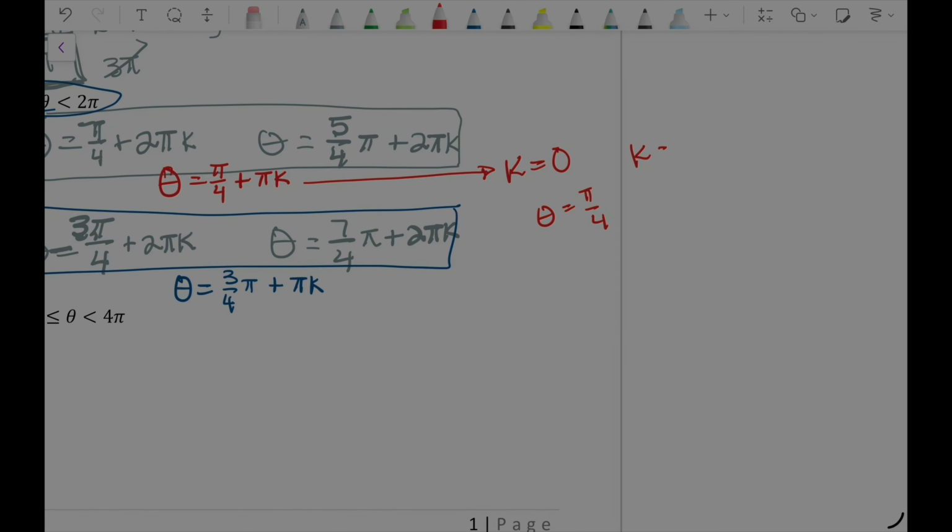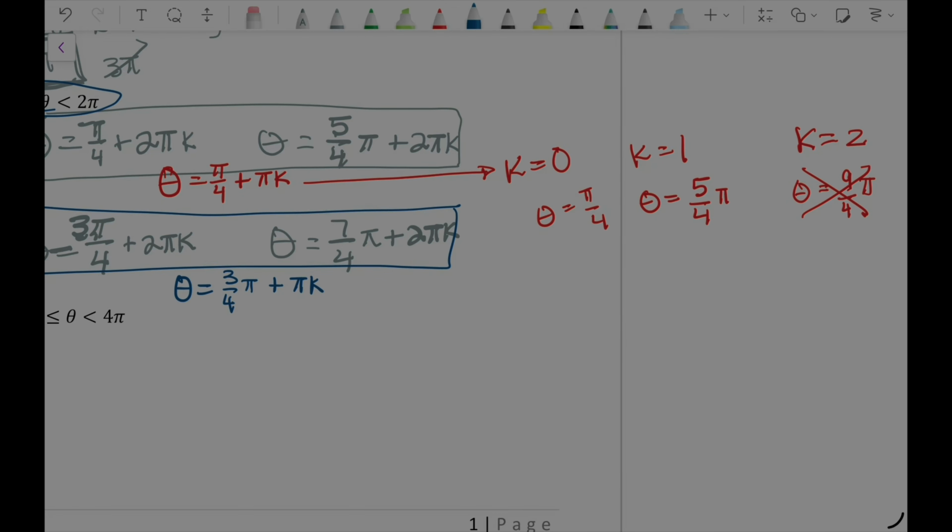If k is 1, we'll get theta is 5/4 pi. Why? Because we're doing 1 pi later, plus pi over 4. If k is 2, we'll get 9/4 pi, and that's bigger than the region of interest that we want, so we don't need that. If k is negative, it'll be too small for this problem.